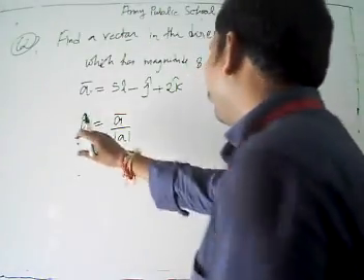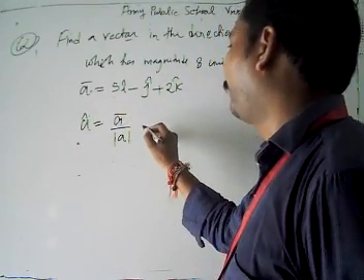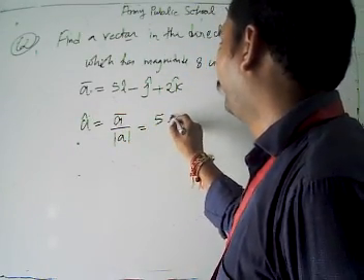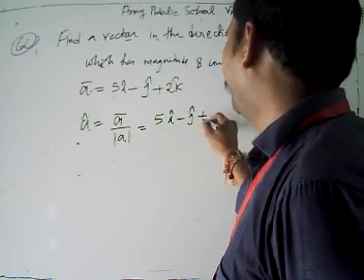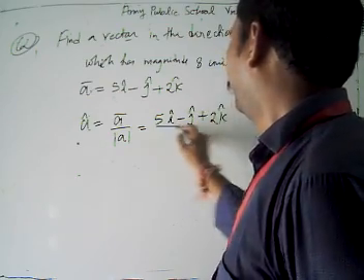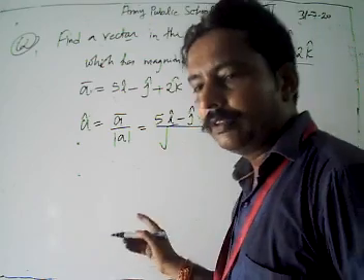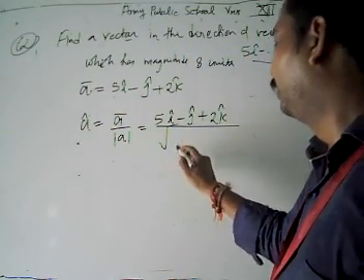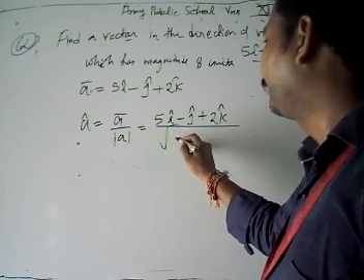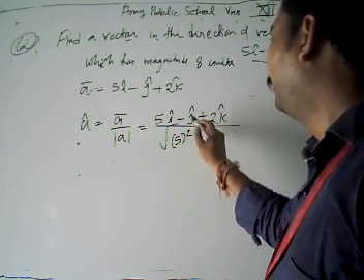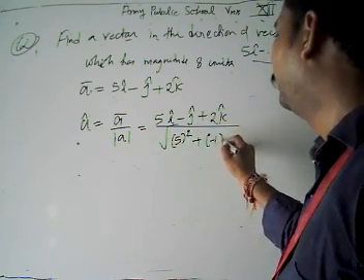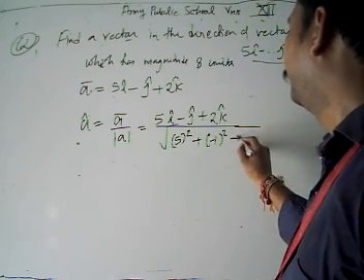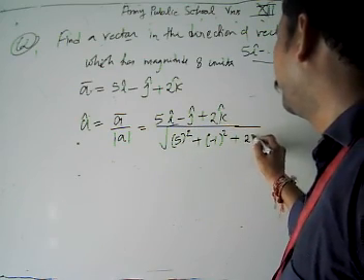The unit vector in the direction of vector A is given by vector A upon mod of A. That is 5 i cap minus j cap plus 2 k cap, over mod of A. How can we calculate mod of A? Coefficient of i cap is 5, square, plus coefficient of j cap is minus 1, square, plus coefficient of k cap is 2, square.